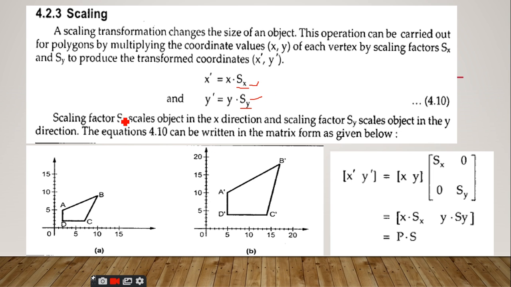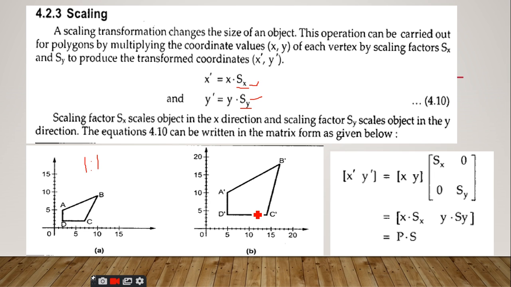Now there is one object placed in an x and y environment, A, B, C and D. Take this size as 1:1. In the second figure, we increase the size of the object.